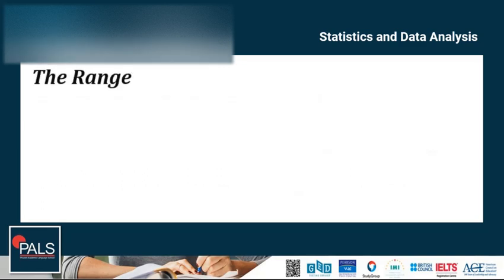Now let's talk about the range. In statistics, there are many ways to measure the extent to which a data set is spread out. One of these measures is called the range. The range is calculated by taking the largest value in the data set and subtracting the smallest value.